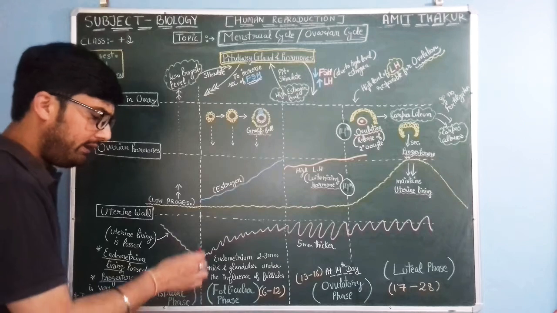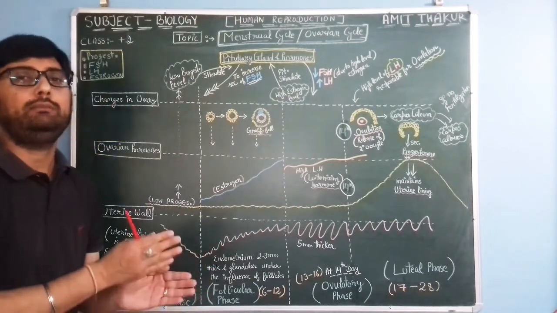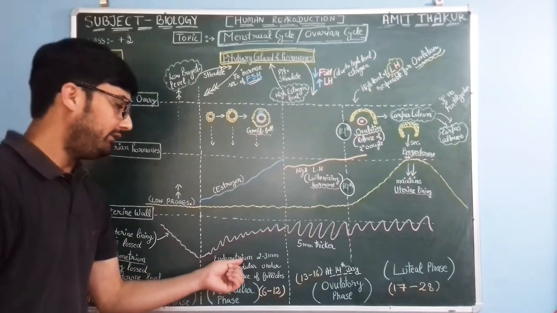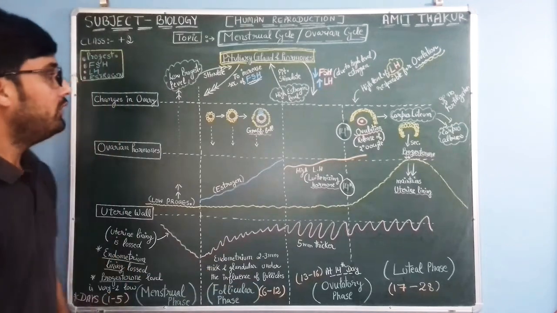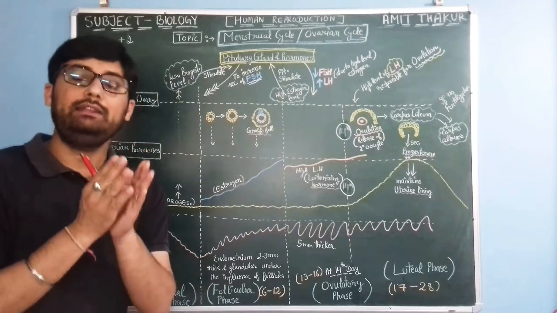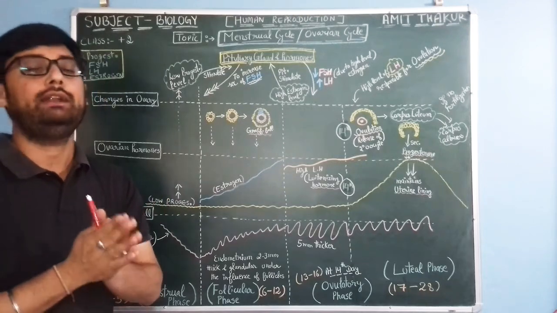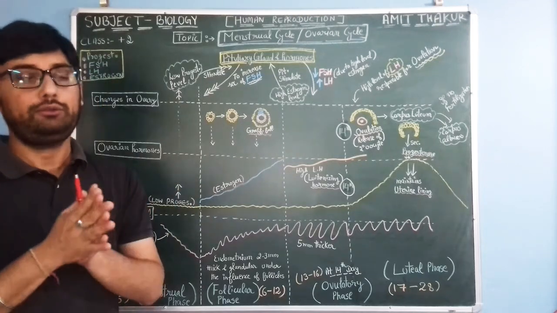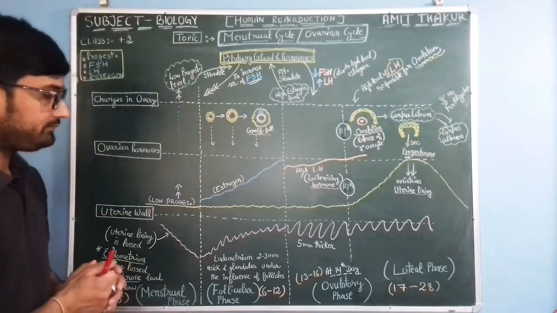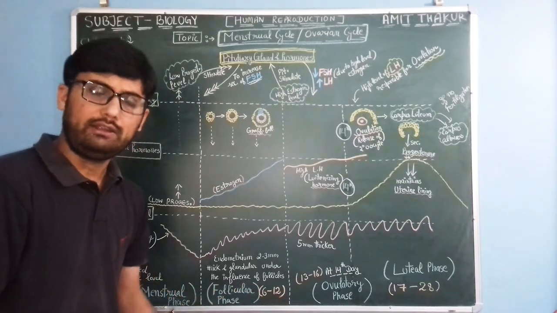In the follicular phase, this thickness is around 2 to 3 millimeters. So the follicular phase is marked with high secretion of FSH, follicular stimulating hormone, and high secretion of estrogen, the female sex hormone, which is also known as an ovarian hormone. And this takes place from day 6 to day 12 or day 13.